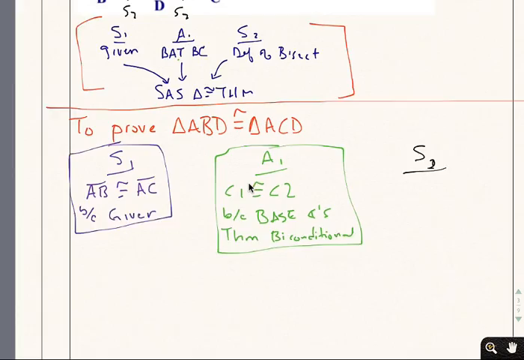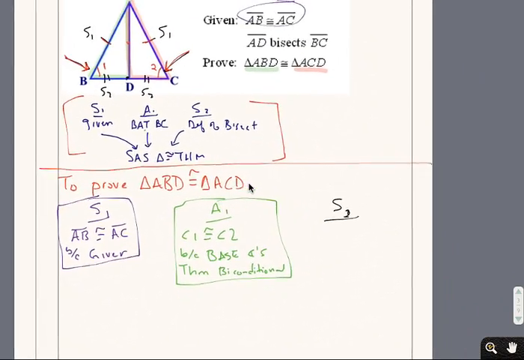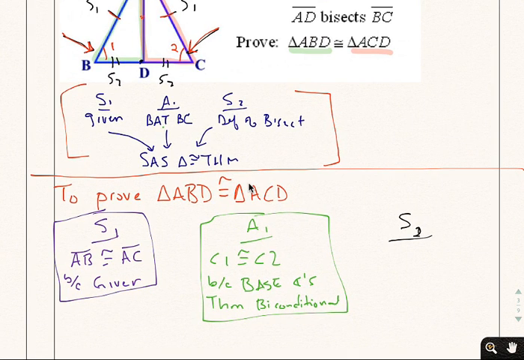And the last side we said was going to be the result of a bisection. So let's conclude a couple steps. So we can say that AD bisects BC because it's been given.